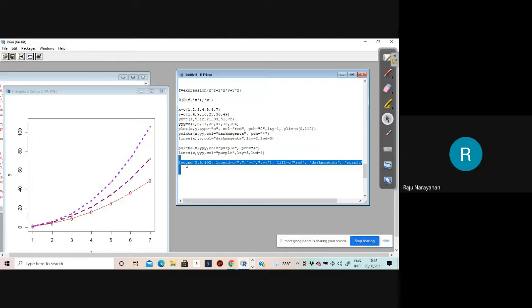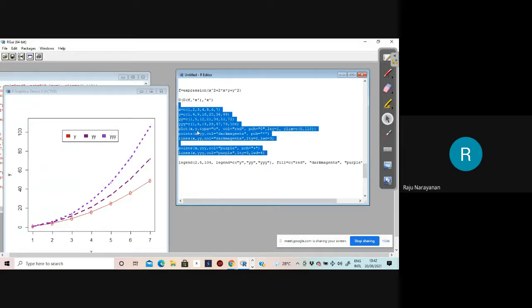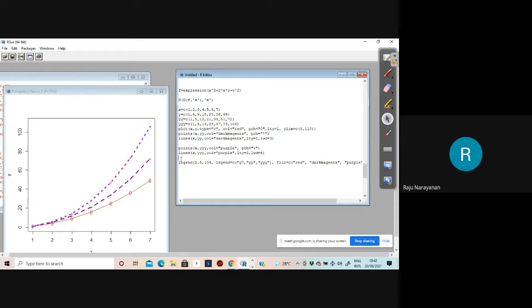Okay, now you can select the position of the legend you want. Now you see, it is not touching. Now if you find that more spacing is there, 102, you can make it 104. Again, don't worry, it will take only a second. And like this you can make more beautification.